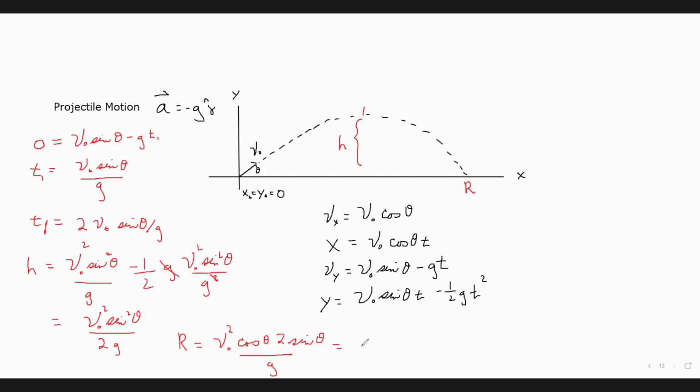And there is a useful trigonometric identity which tells me that 2 sine theta cosine theta is equal to the sine of 2 theta. So I can write this as v0 squared sine of 2 theta over g.